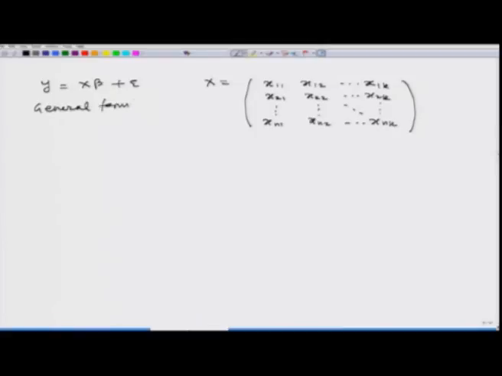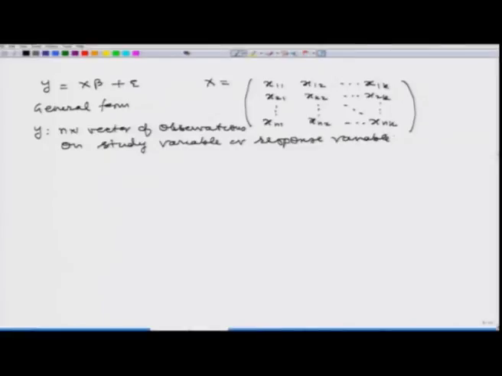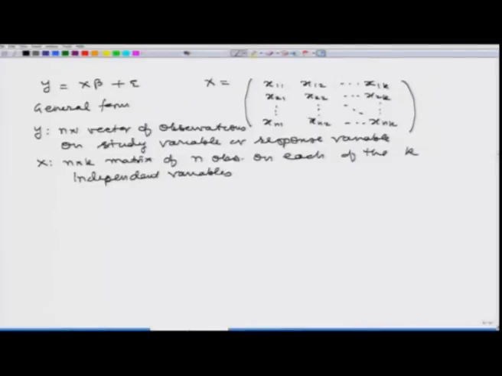the general form, in which we assume that y is an n cross 1 vector of observations on the study variable, or let me call it response variable sometimes. X is an n cross k matrix of n observations on each of the k independent variables x1, x2, xk.